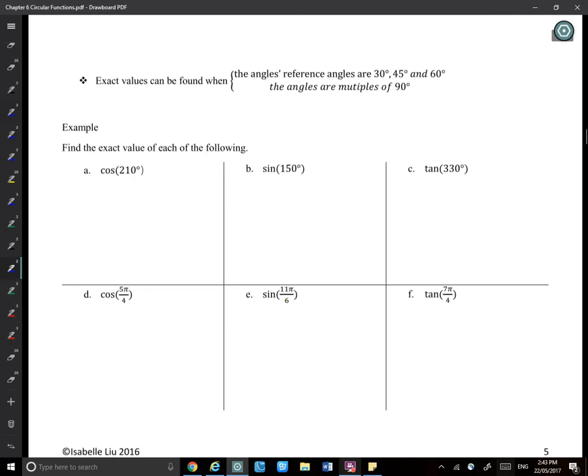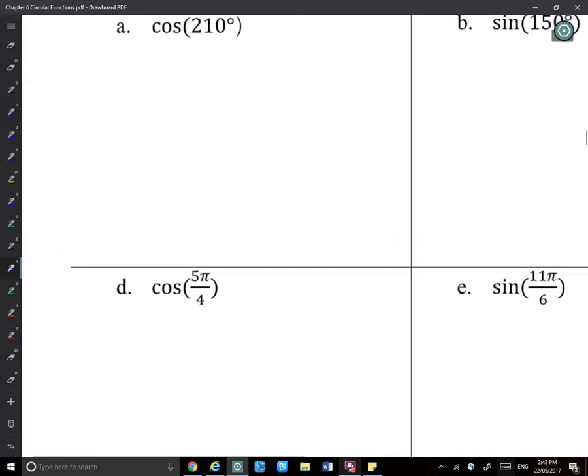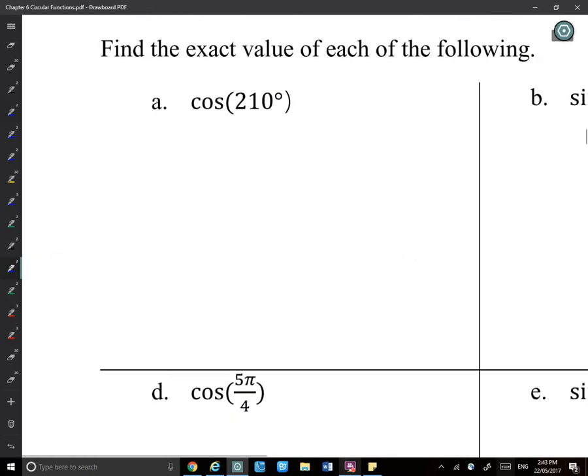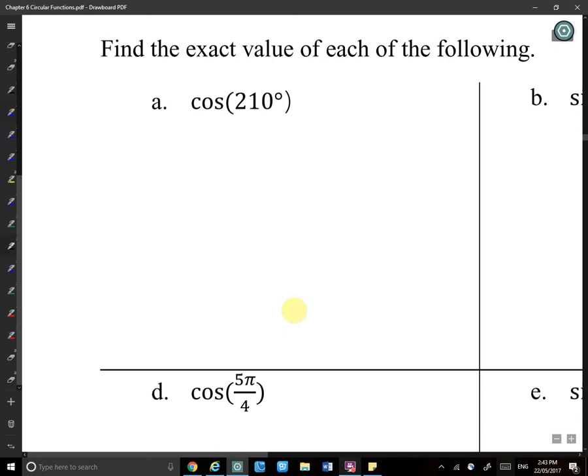Okay, so let's evaluate all of those special values. Cosine 210 degrees. 210 is an angle in the third quadrant with reference angle 30 degrees.